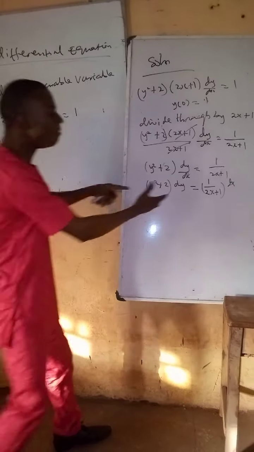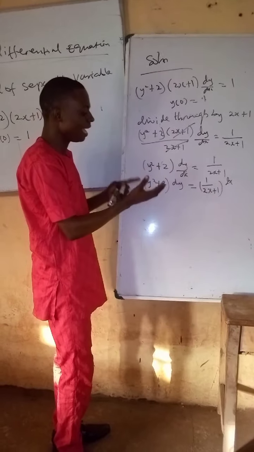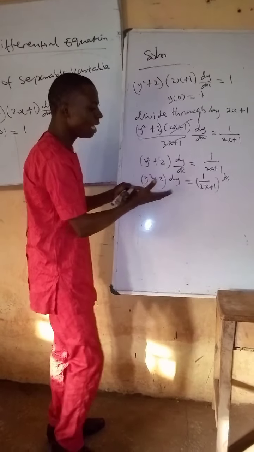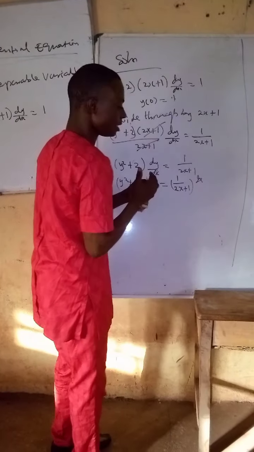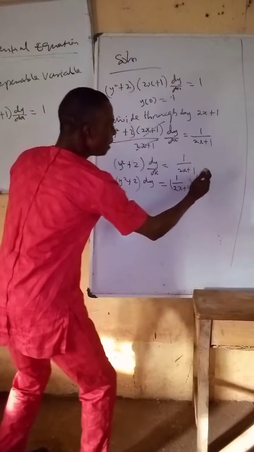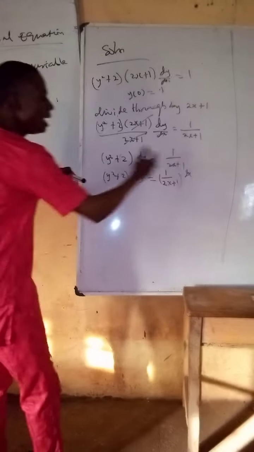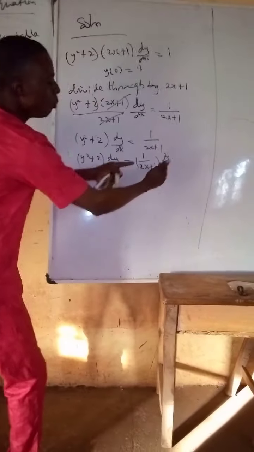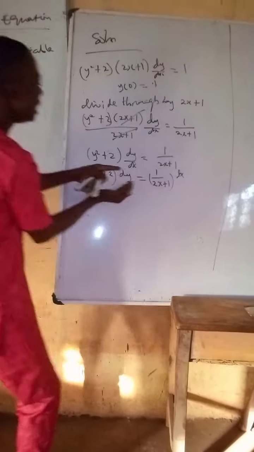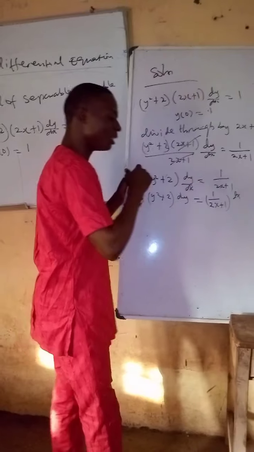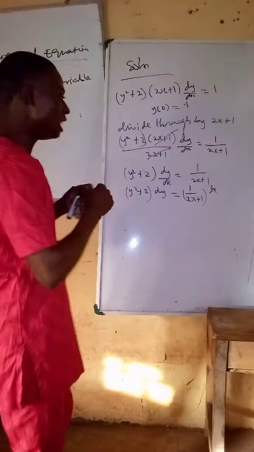Now you agree with me that everything here has to do with y, while this one is x. So since I have separated the two of them, I will integrate this side with respect to x, and integrate this side with respect to y. Now we are going to do it together.